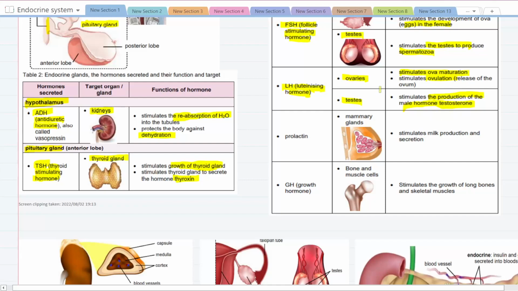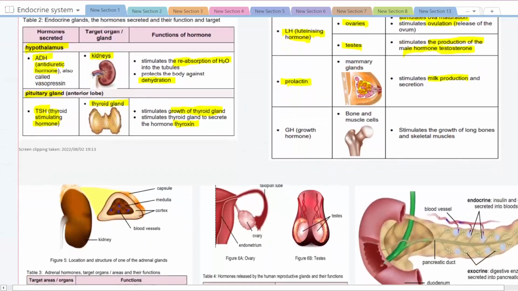So it means luteinizing hormone affects those cells, and therefore those cells will stimulate testosterone. Then you have prolactin also being secreted by the pituitary gland and mammary glands are your target organs, and of course for milk production immediately after giving birth.